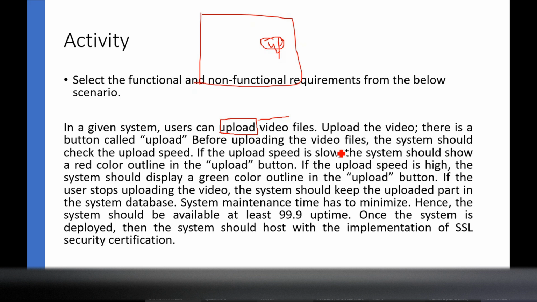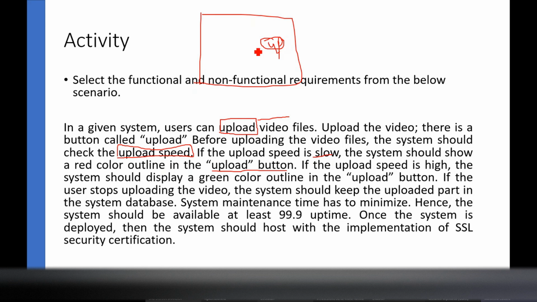Before uploading the video files, the system should check the upload speed. If the upload speed is slow, then the system should show a red color outline on the upload button.